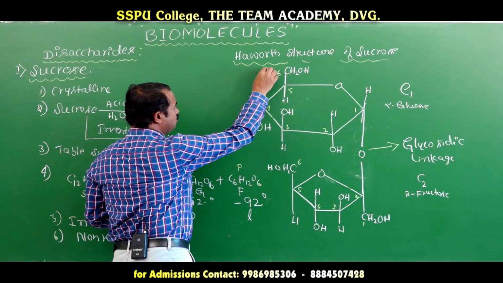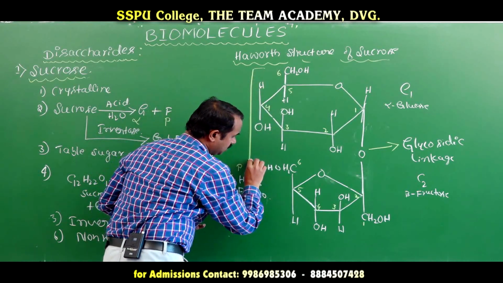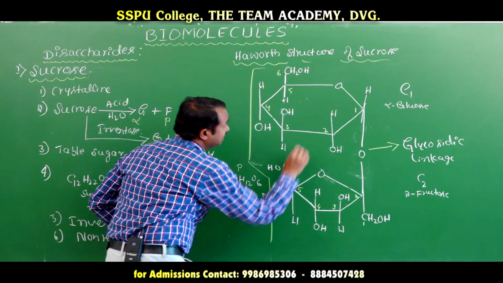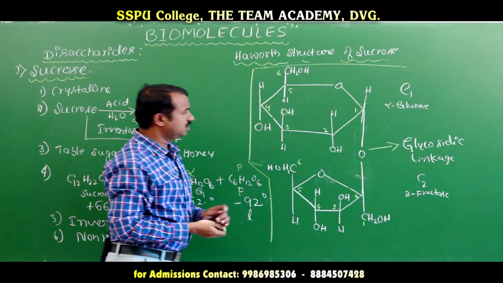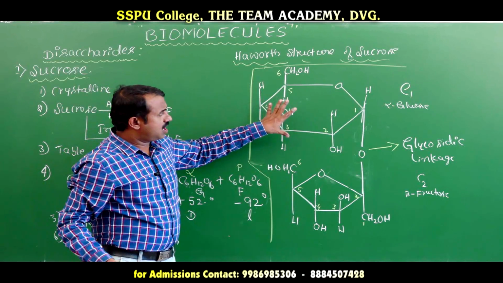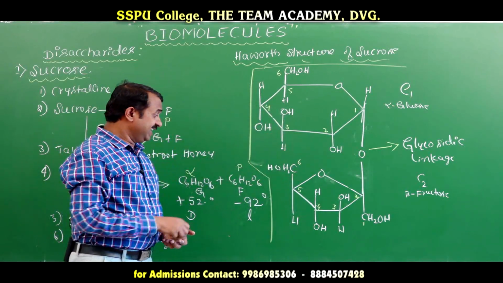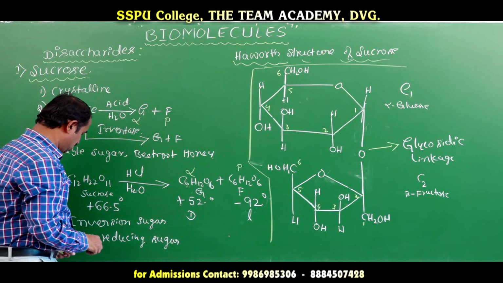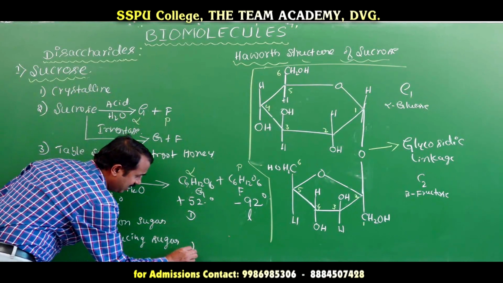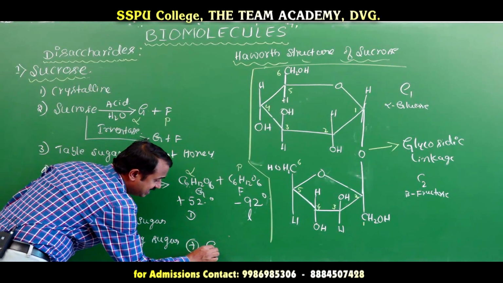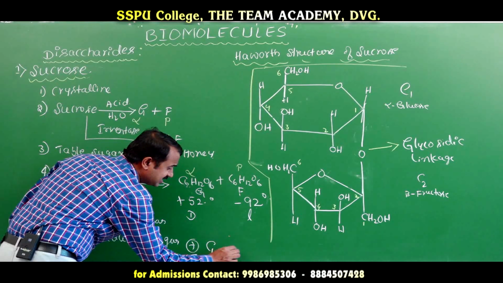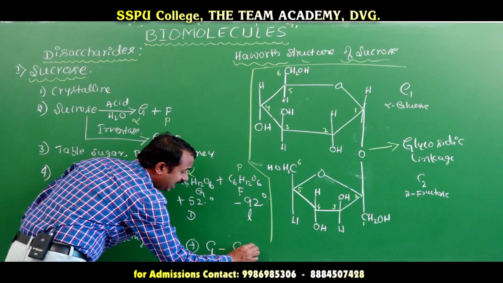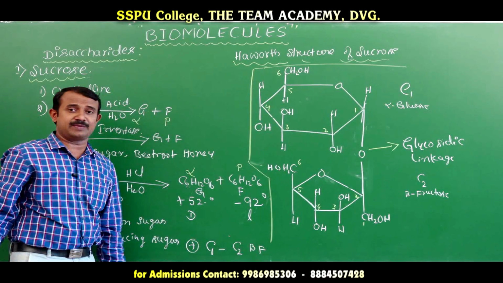They will ask this as a 2 marks question: write the structure of sucrose. This is the structure of sucrose. The joint is between C1 of alpha glucose and C2 of beta fructose. That is a very, very important linkage.